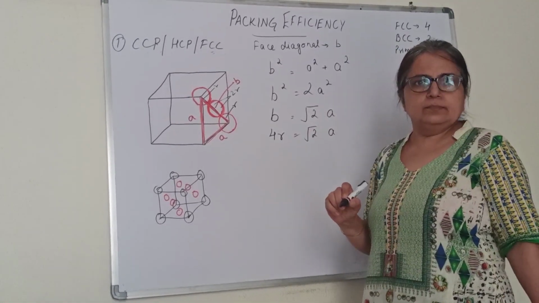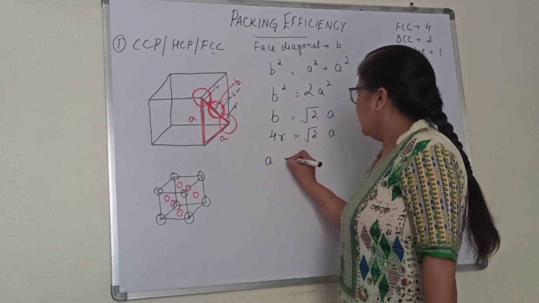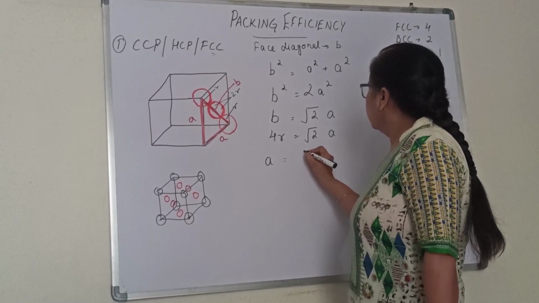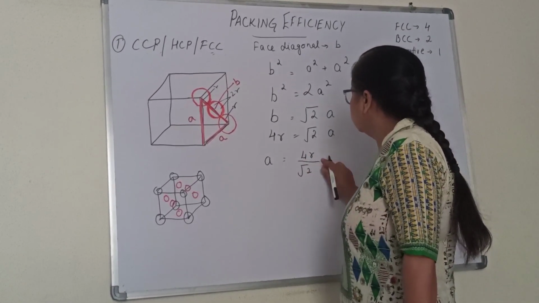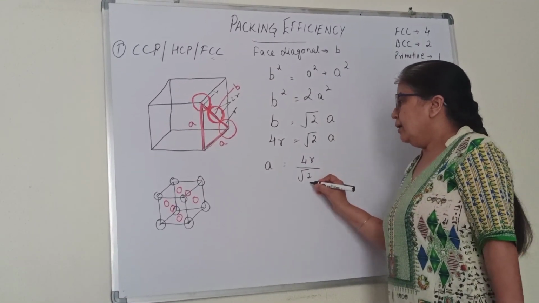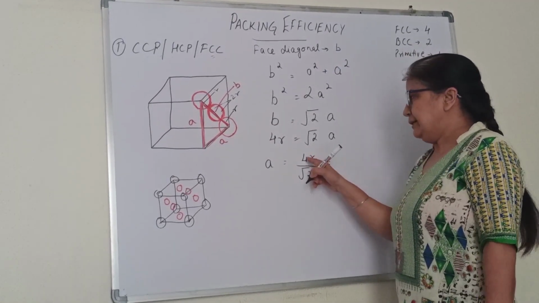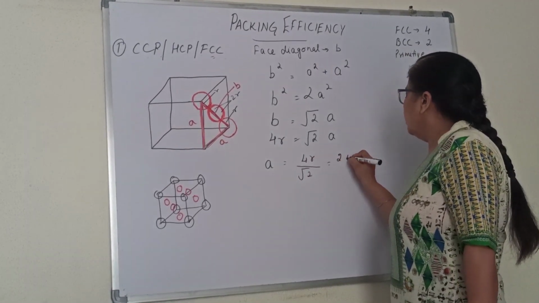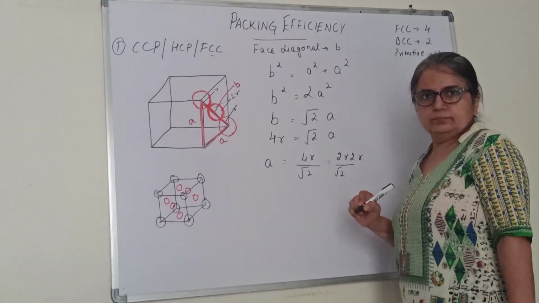So I can write this as 4 R is equal to root 2 A. Okay. So what else can I write? I can write A is equal to 4R by root 2. Now this further I will expand. This will be 2 into 2 into R by root 2.